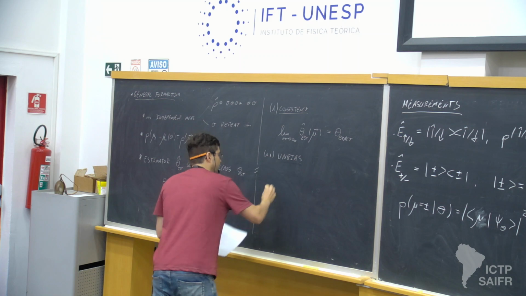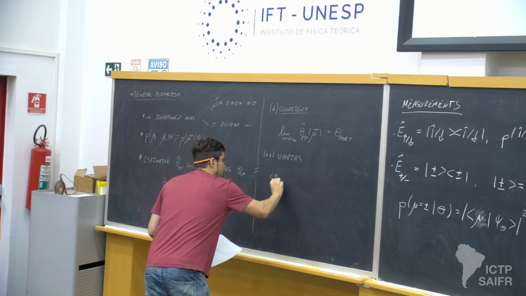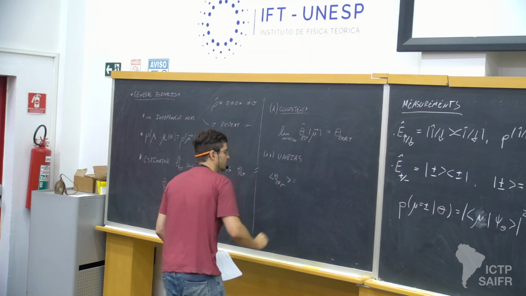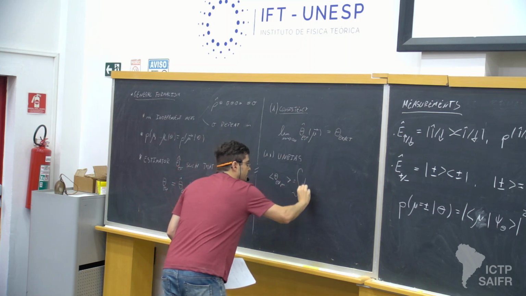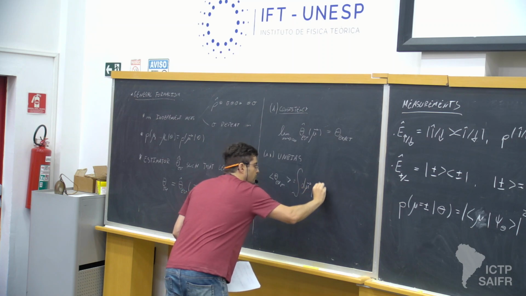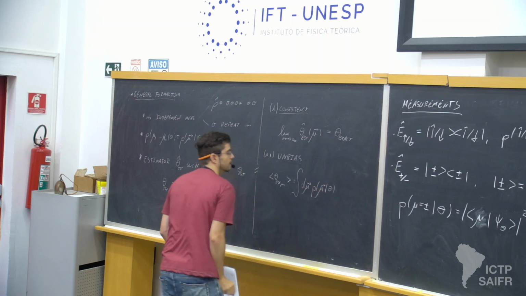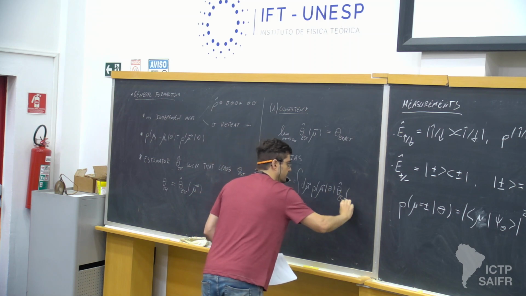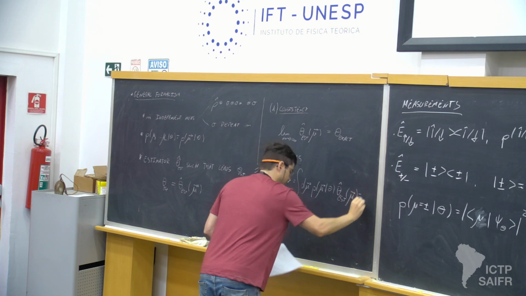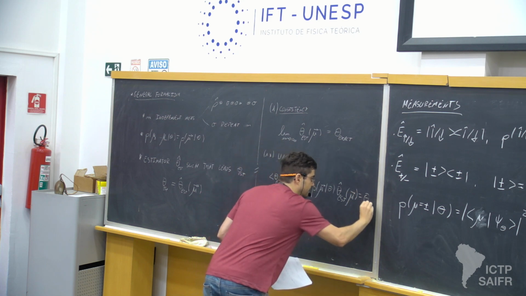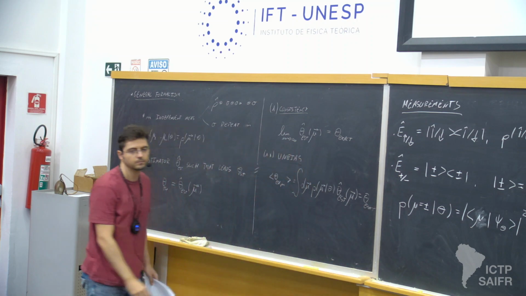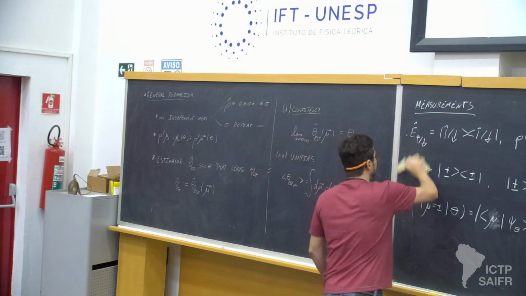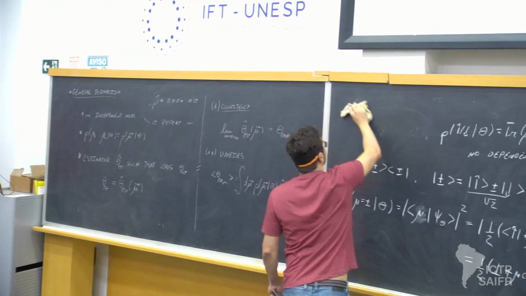We put this in these words: the average of my estimated parameter over M outcomes is equal to the integral over all possible outcomes given theta of the estimator times the probability. This is equal to the exact value as well. These are reasonable properties that lead to interesting bounds for the precision of the sensor.